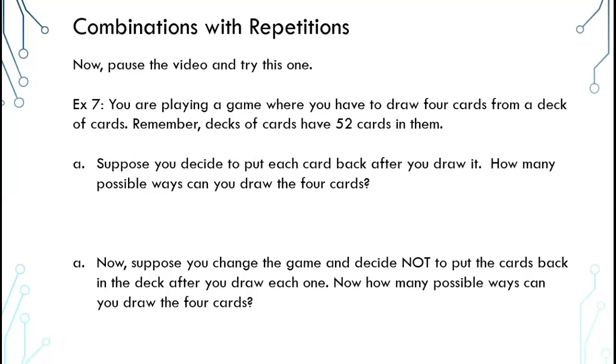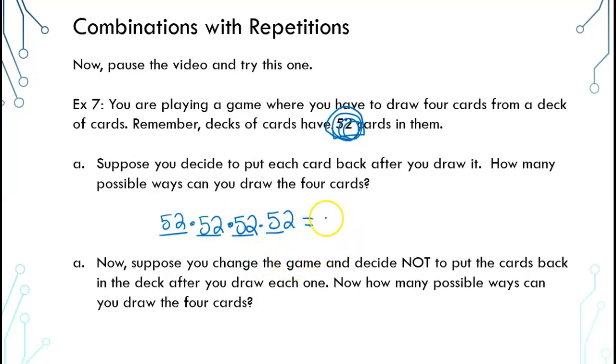You're playing a game where you have to draw 4 cards from a deck of cards. Remember, decks of cards have 52 cards in them. Suppose you decide to put each card back after you draw it. So you're going to draw 4 cards, and you're going to see which 4 you get. The first time you draw, you have 52 cards to choose from, but you're going to put that card back. So now you still have 52, and you put that card back, 52, put that card back, 52.